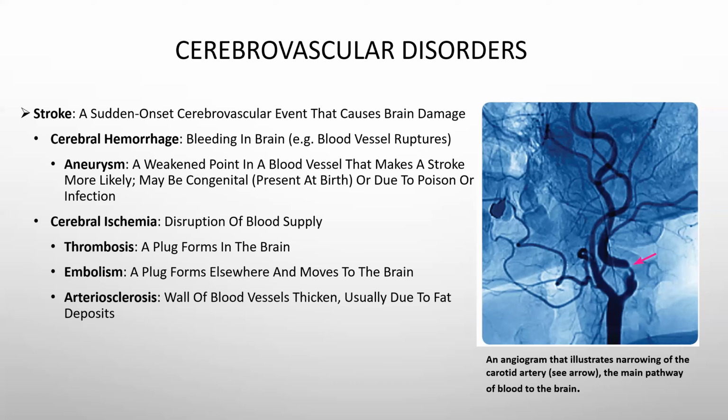Okay. On the right-hand side here, you see an angiogram. We talked about cerebral angiograms a while back that illustrates narrowing of the carotid artery, the main pathway of blood to the brain. So this is not ruptured yet, but it could definitely become an aneurysm.